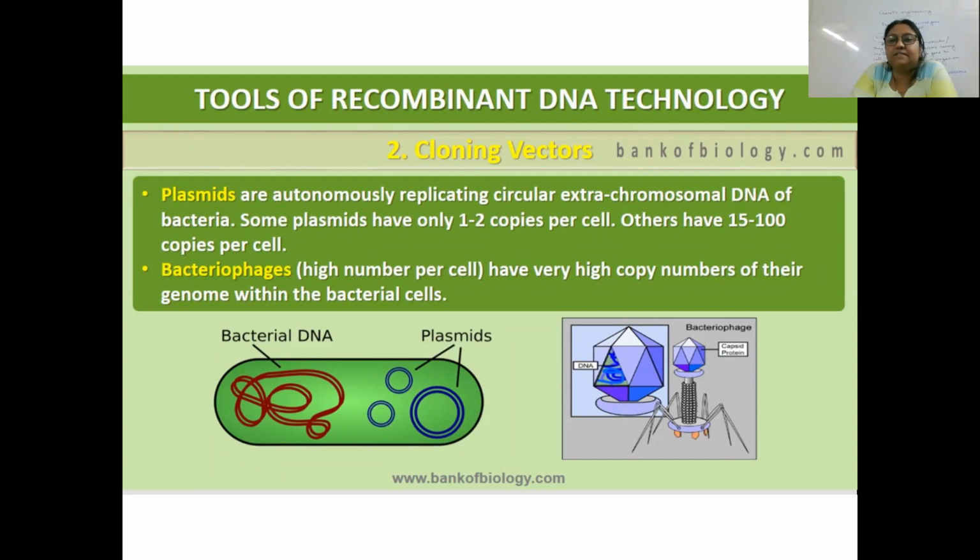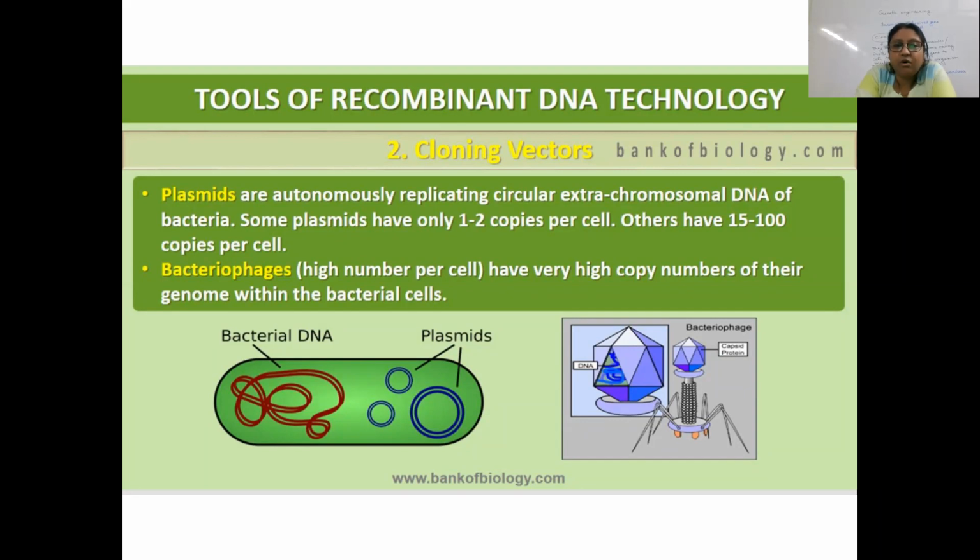Okay, so you must have seen that E. coli is very nice. So many things it gives to us. Plasmids that we choose for recombinant DNA technology should have high copy number. Means they should be able to produce more copies because obviously otherwise they will not be able to multiply.